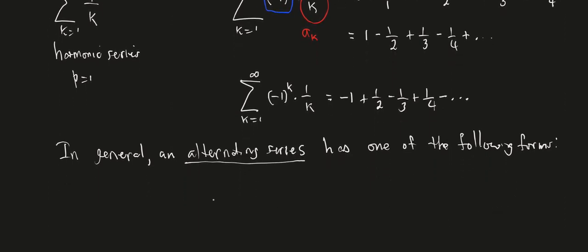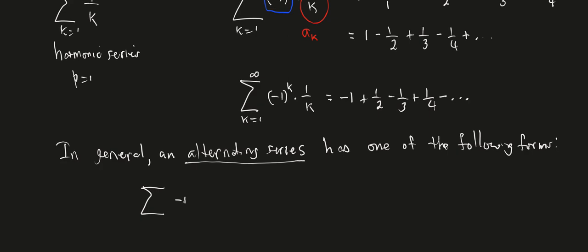Instead of having a specific function for my general term, I'm just going to use our generic a sub k. And what I'm going to stick in front of it depends on the starting value for your k, so I'm going to leave that out.